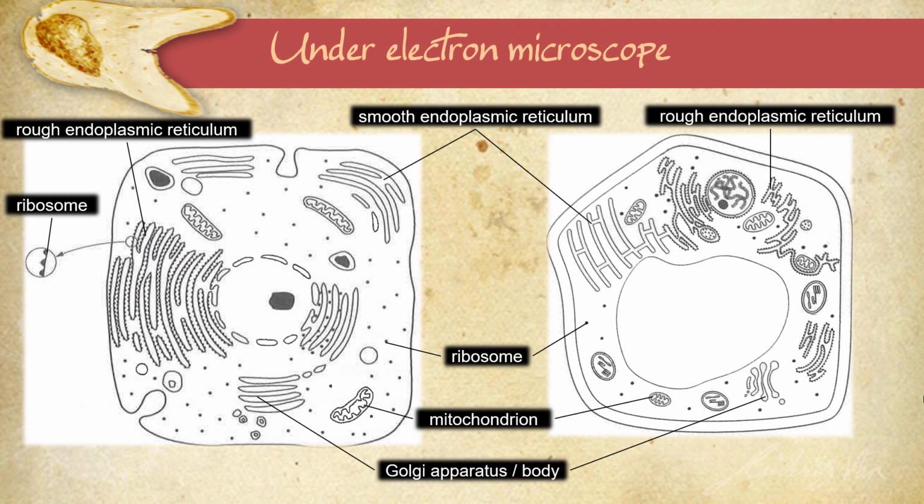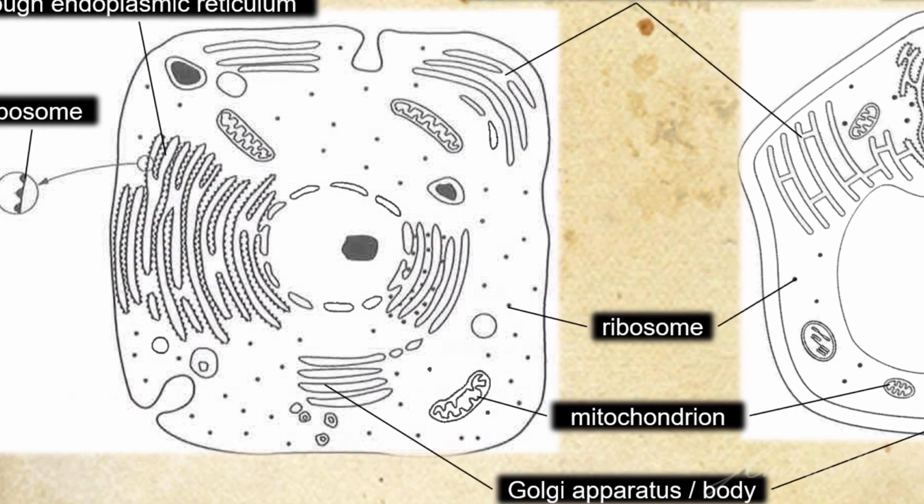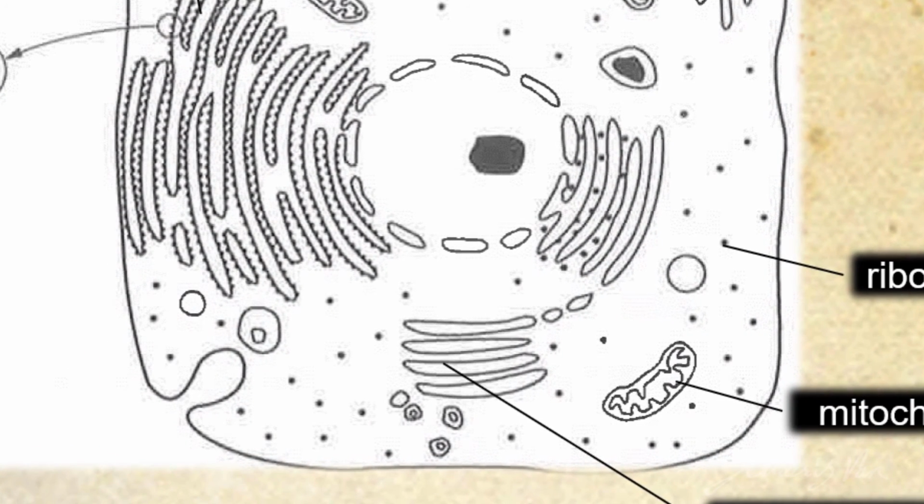Lastly, I would like to take this time to point out, please take note of how we label in biology. If you look at my labeling, I use a straight line, not an arrow, and the line touches the organelle or the structure that I'm referring to. This will apply throughout, and this is especially important for your practical.